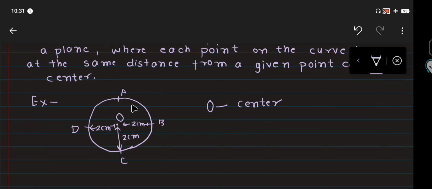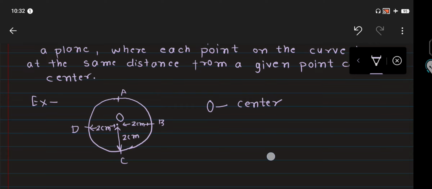So we are saying that every point A, B, C, D is at the same distance from the center O. So this is just the basic definition of a circle.